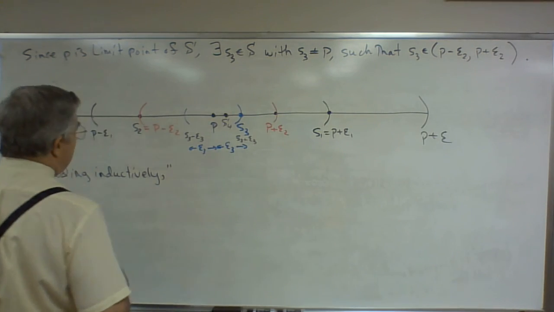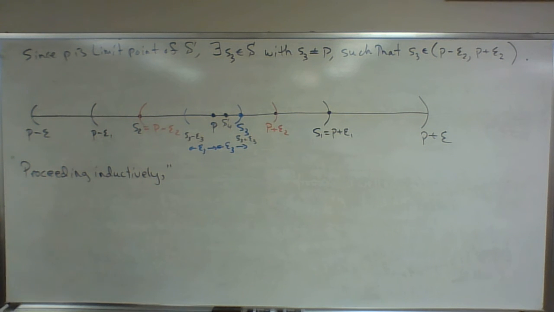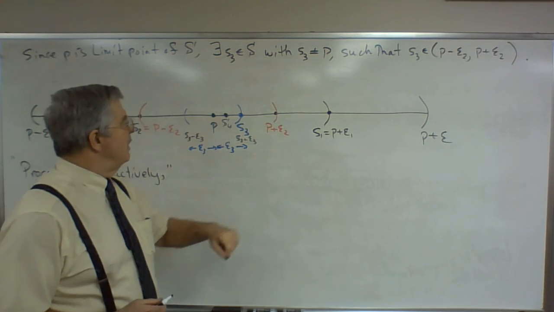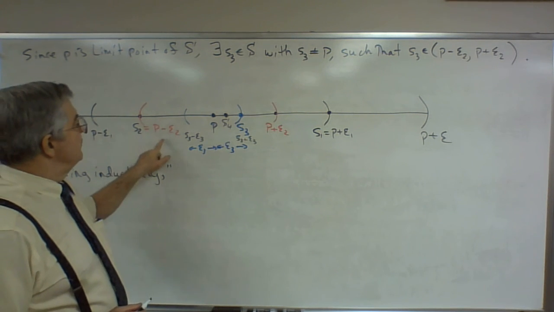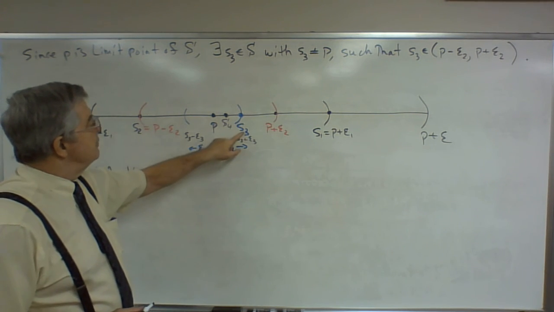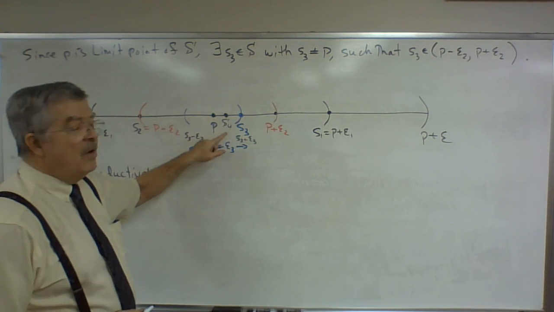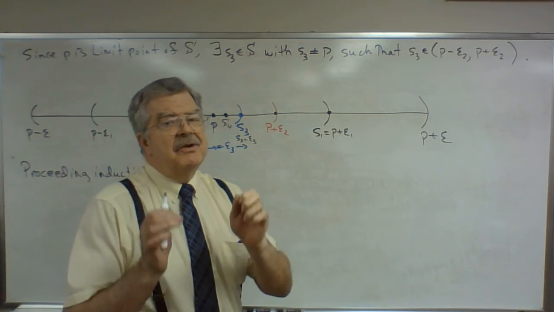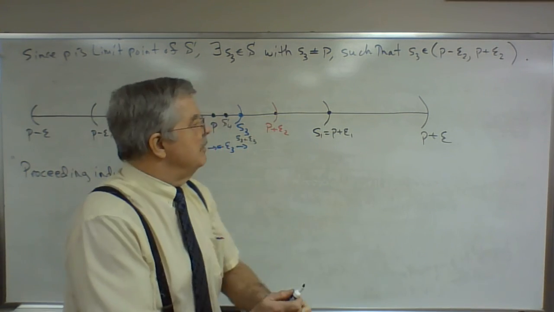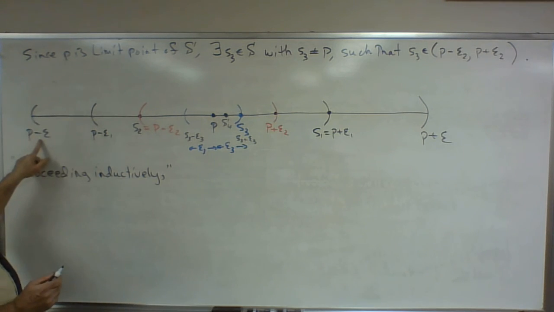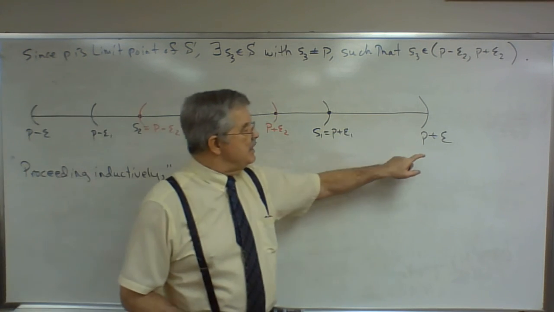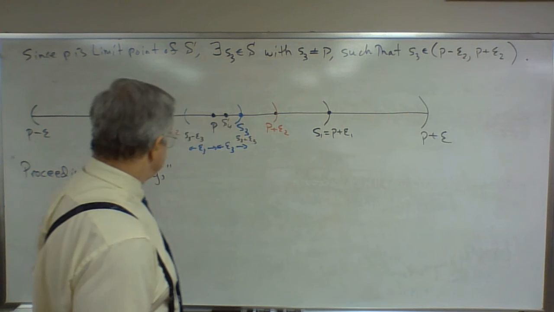And here's the important point. The important point are these S values: S sub 1, S sub 2, S sub 3, S sub 4. All of these points are in the original interval from P minus epsilon to P plus epsilon.